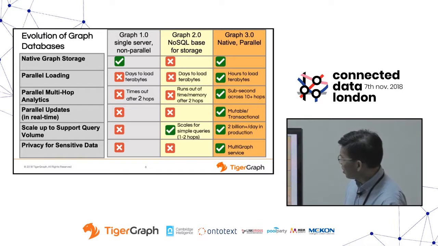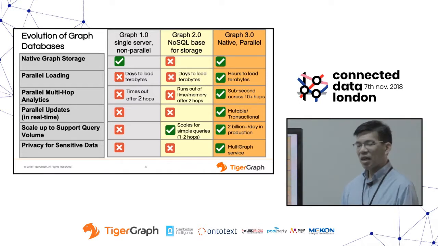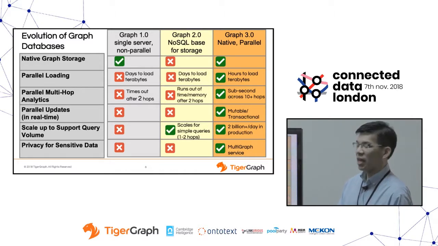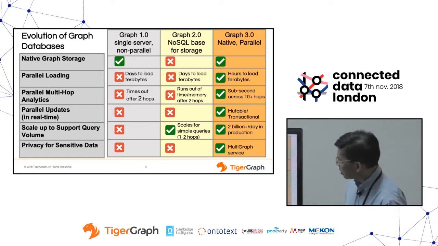And it's not good for multi-hop because it's not a native graph. If what you're trying to do is hop from one node to another, a native graph database, whose storage engine is built for that, can do that efficiently, just like the first generation did. But the ones based on NoSQL really don't perform so well on multi-hops.